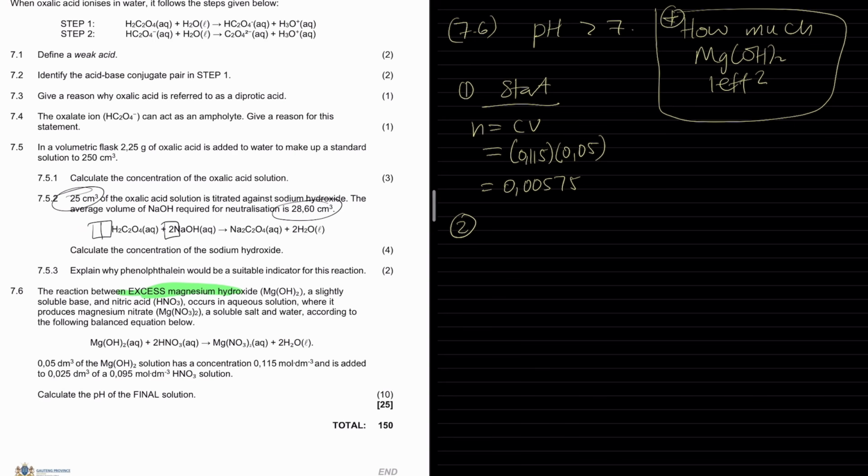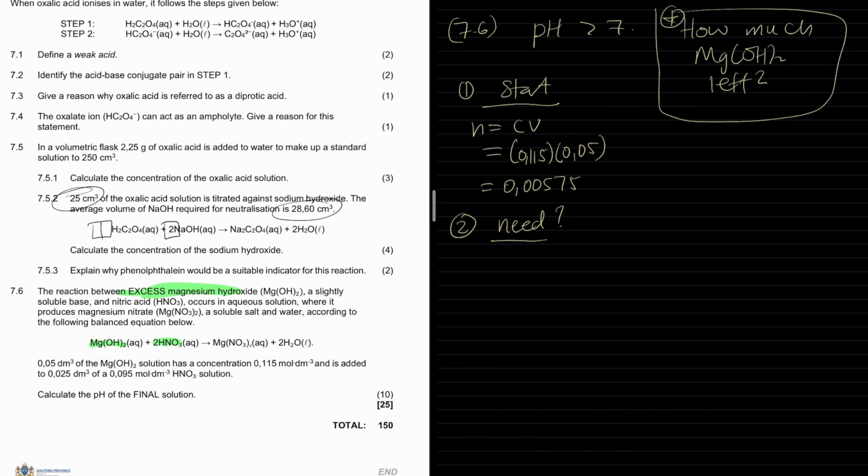Next we'll do, how much did we need? To do this, we'll calculate the number of moles of the acid and then do a mole ratio. The mole ratio of the acid to the base is 2 to 1. In other words, I need half the amount of acid to neutralize the base.